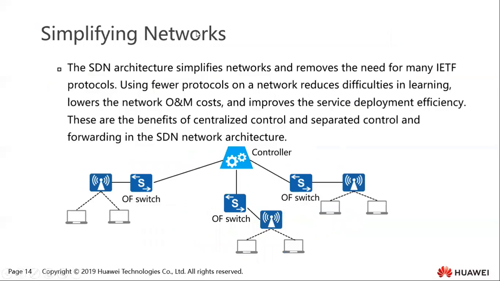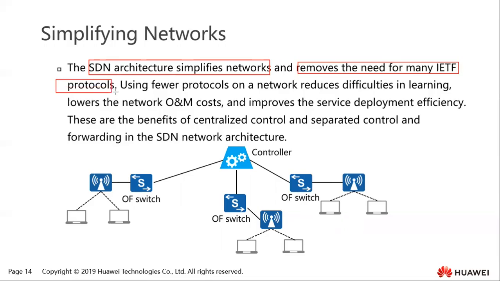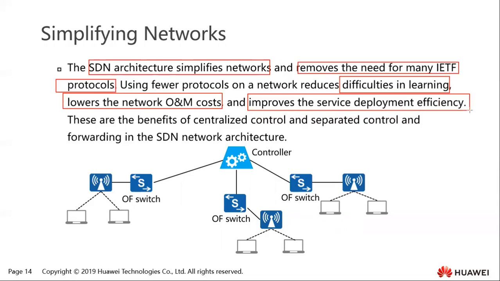So that is one of the advantages of SDN. The other one is simplifying networks. The SDN architecture simplifies networks and removes the need for many IETF protocols. Using fewer protocols on a network also reduces difficulties in learning and lowers the network operation and maintenance cost. So this improves the service deployment efficiency.